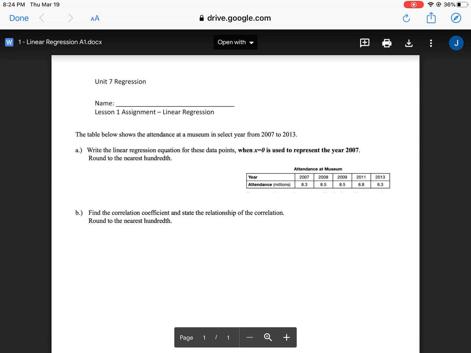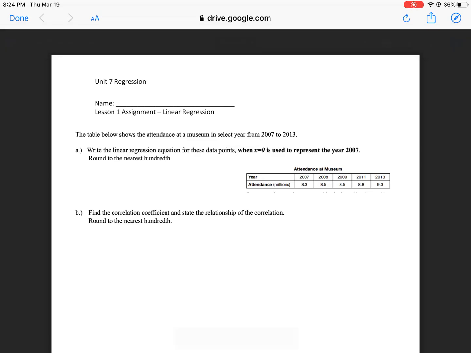You can download this and do it on your iPad with your finger, then save it and hand it in on Google Classroom. You can print it, write in your notes, take a picture and upload it. Or you can just do it in your notebook and take a picture of your work and hand it in on Google Classroom.